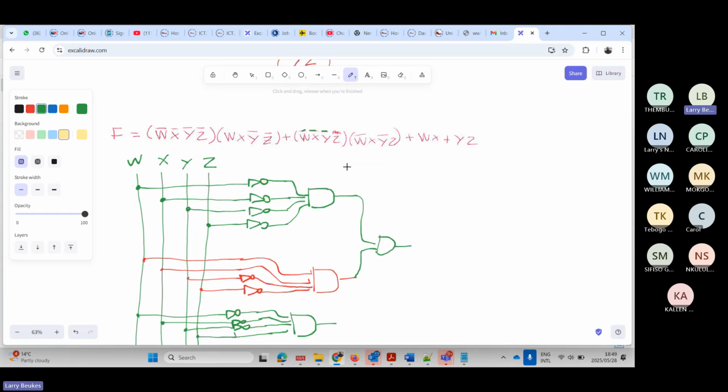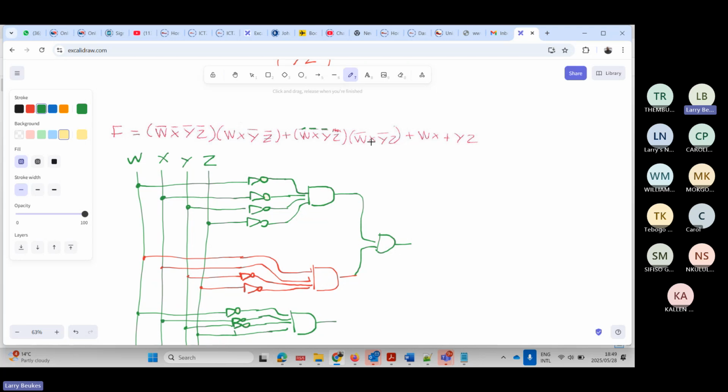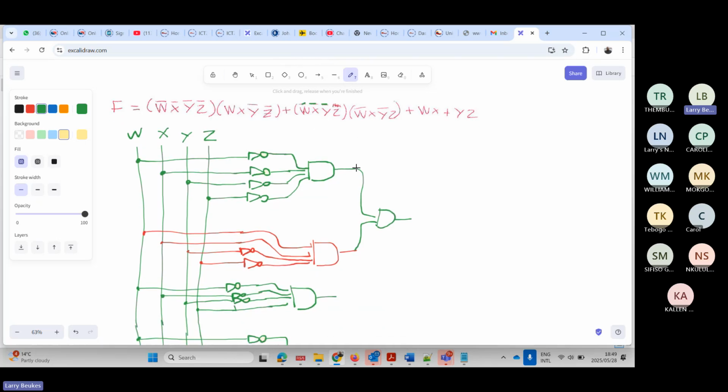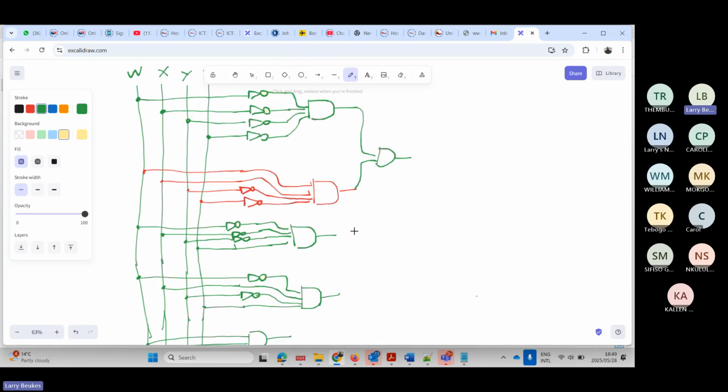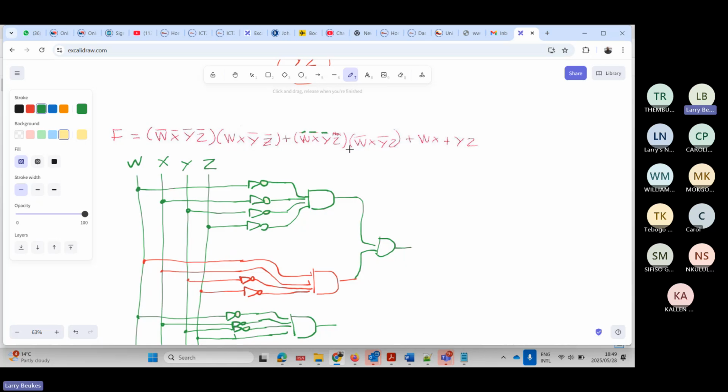Great. Now we need to take this one and this one, then we're going to add it obviously with this, right? So let's take this one and this one. So it's basically this gate and this gate into an AND gate. So pretend this is A and this is B, right?